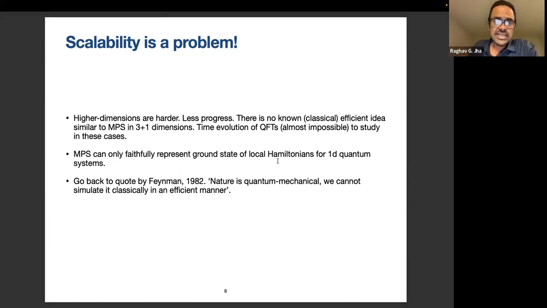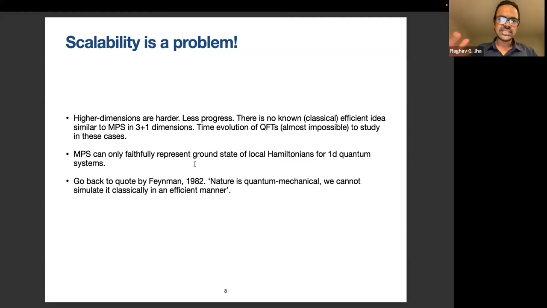For example, that leads us to the problem that time evolution of QFT is still a very open problem. We really don't have tools to understand aspects of time evolution of interacting field theories using any method available. MPS can obviously be useful for 1D quantum, but not in higher dimension. There are some higher dimensional versions of MPS, but they don't work as well.